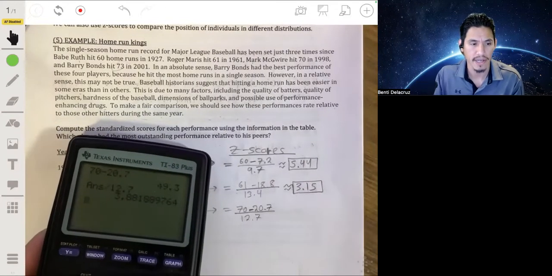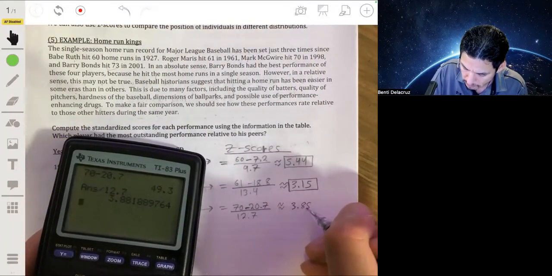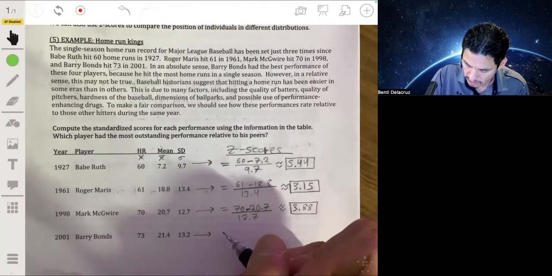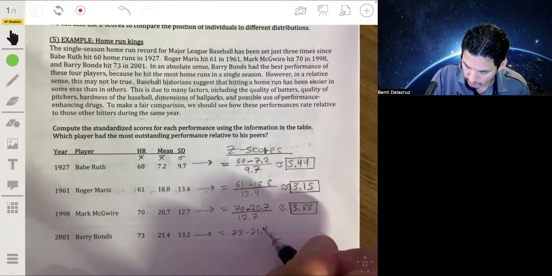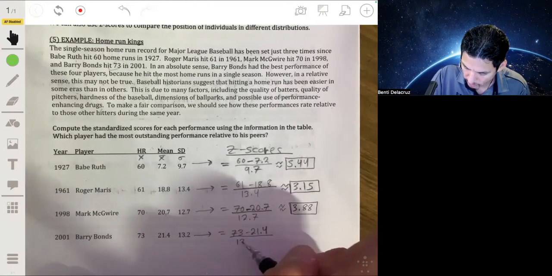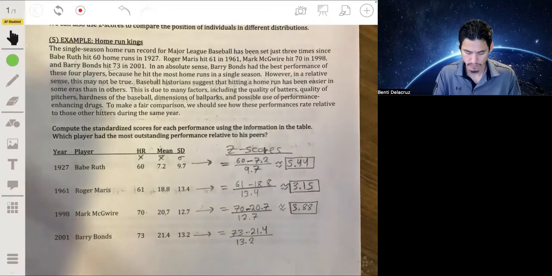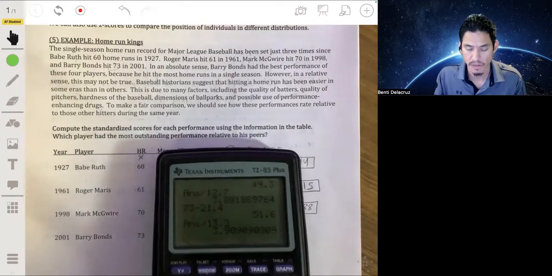We'll get about 3.88. And for Barry Bonds, his z-score would be 73 minus 21.4 over 13.2. I think it was about 3.91.